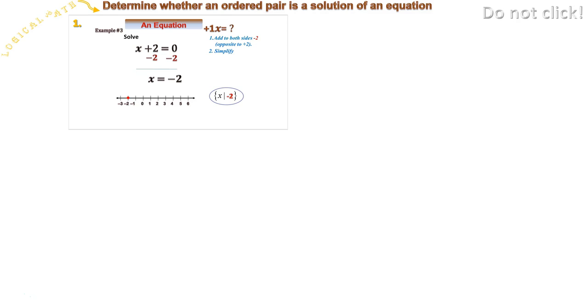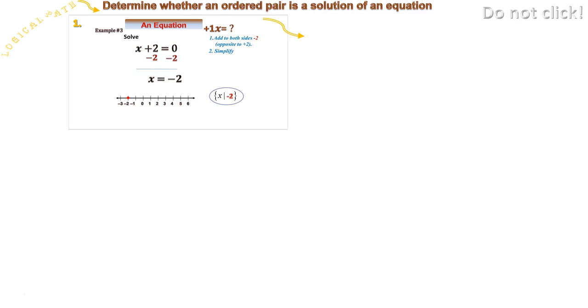Let's focus on the logical path to determine whether an ordered pair is a solution of an equation. As you remember, when we had a linear equation in one variable, in most situations we expected one solution.